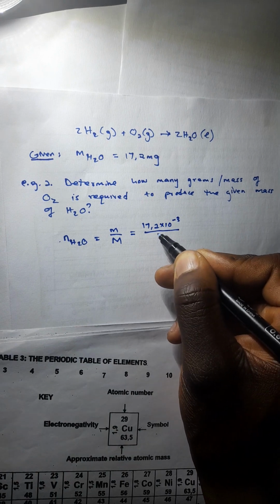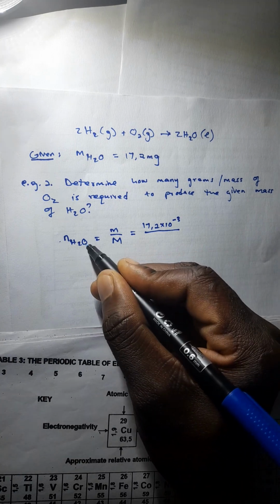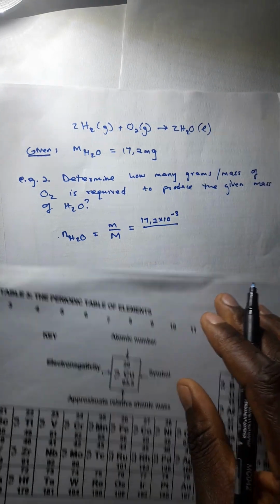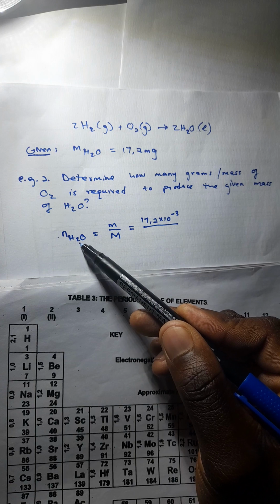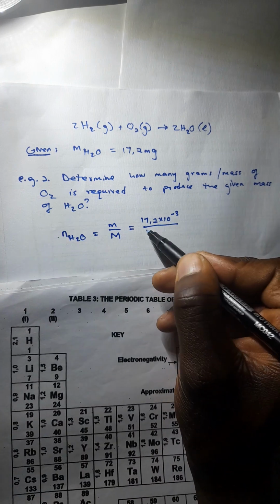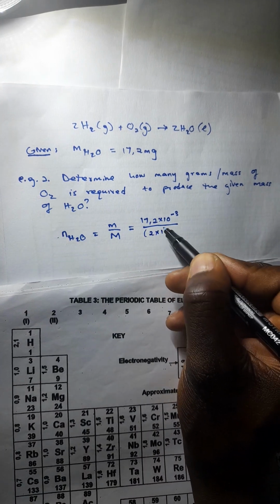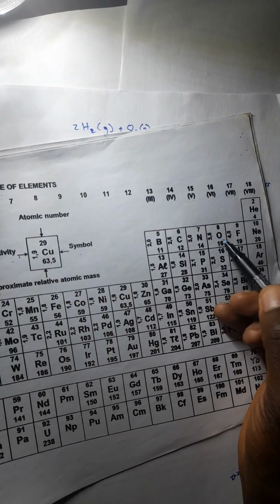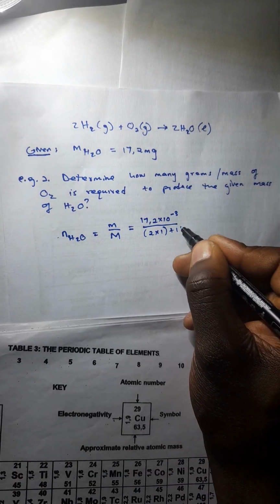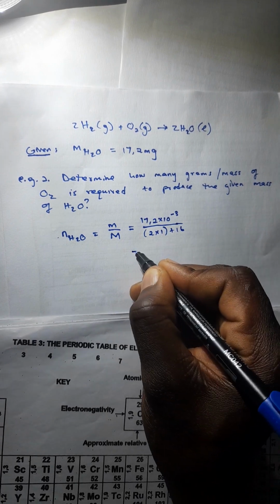You divide by the molar mass of water. I want us to do this together. I know it's 18, but I want to help you. How many atoms of hydrogen? We have 2. So it's 2 times 1, plus oxygen, there's only 1 atom, therefore it's 16. You can see already that it is 18.